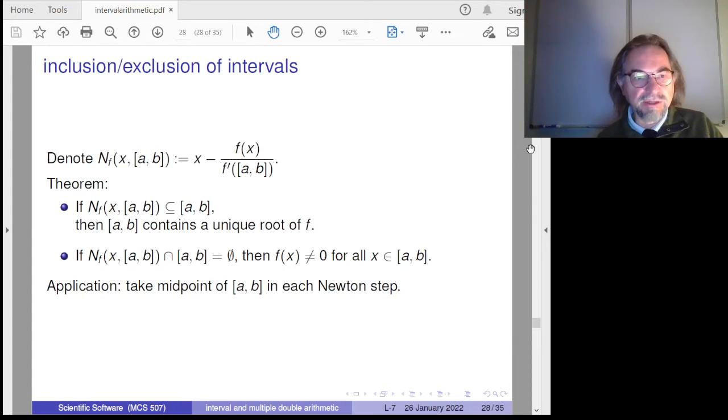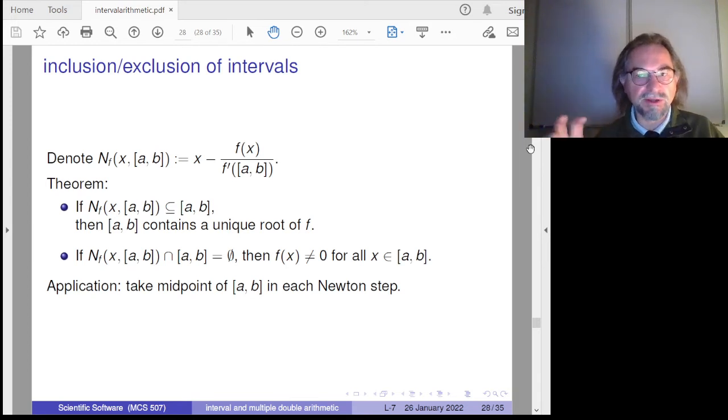The inclusion part, so the first part of this algorithm, is a criterion for deciding whether you have an interval that contains a unique root. And that's done with the Newton operator, which is not the naive operator from the previous slide, but the Newton operator from the next slide. So the second part in this theorem is the exclusion step.